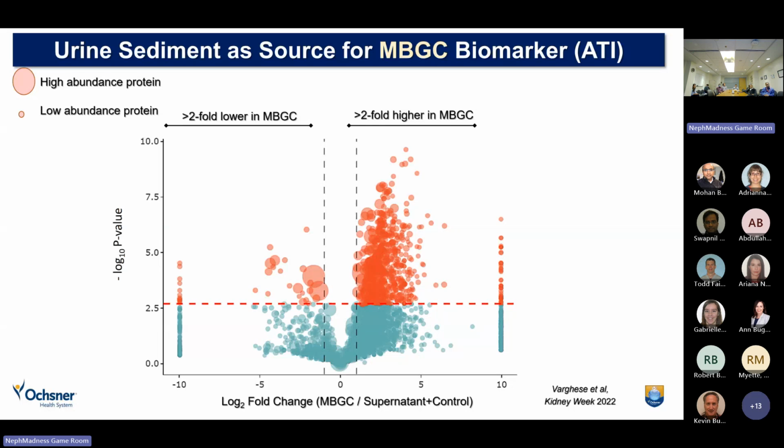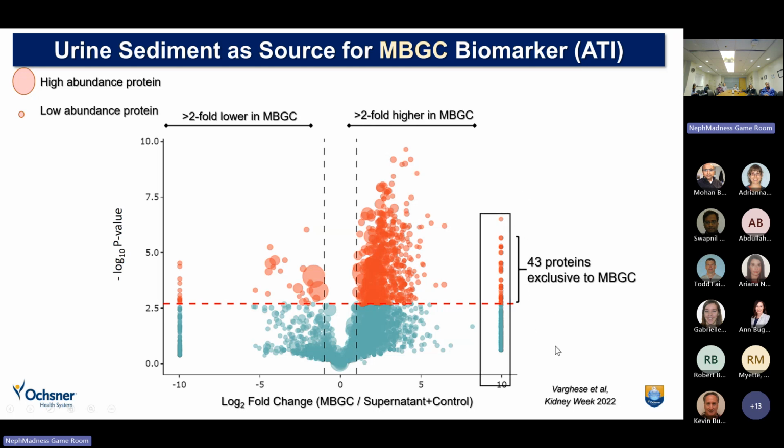But we wanted to see if we find a protein that is specific for muddy brown granular cast, sort of an MBGC biomarker. You can see in this volcano plot here showing to the left proteins that were less abundant in muddy brown cast, to the right more abundant, and then the logarithmic value of the specificity.